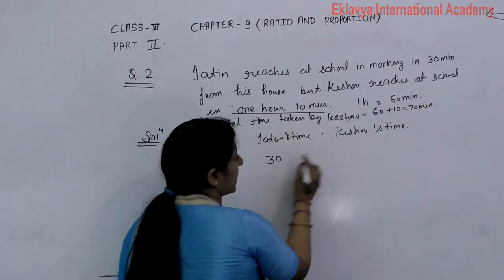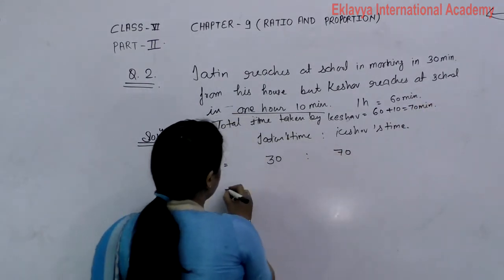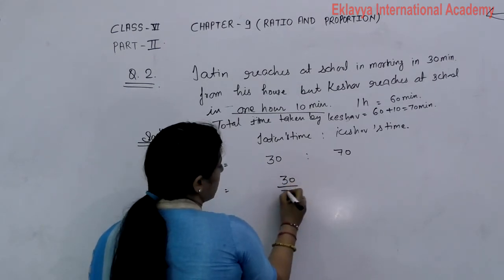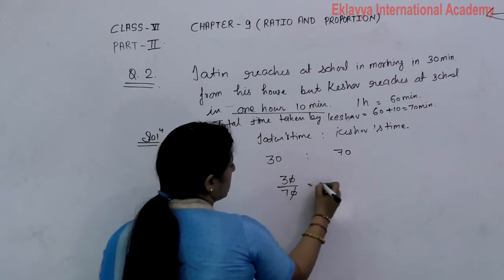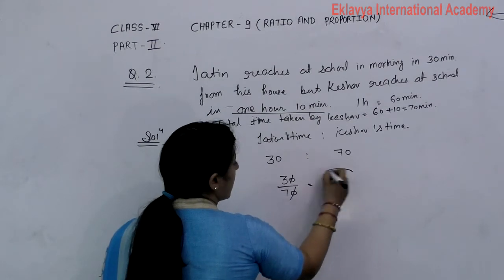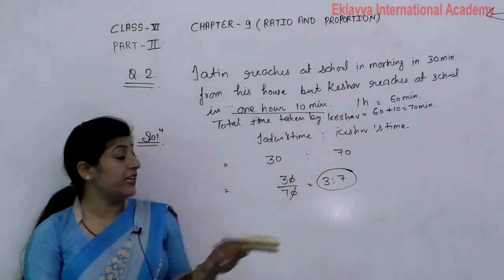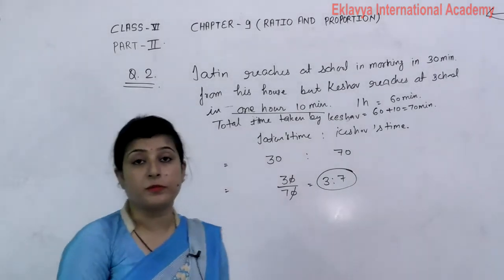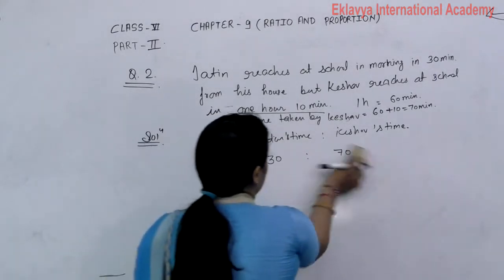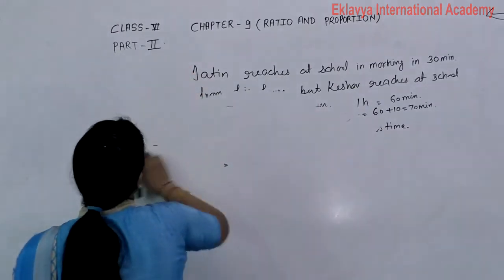And Jatin takes 30 minutes. So if we take the ratio, 30 upon 70, 0 to 0 cancel, our answer is 3 ratio 7. This is already in simplest form.